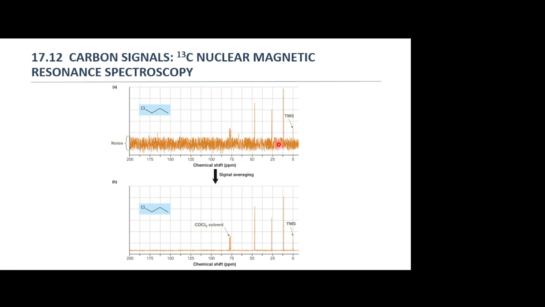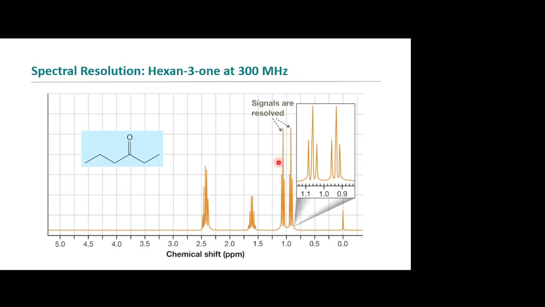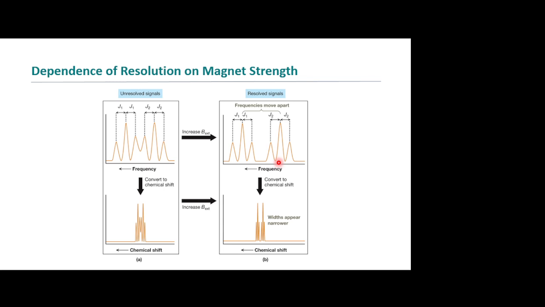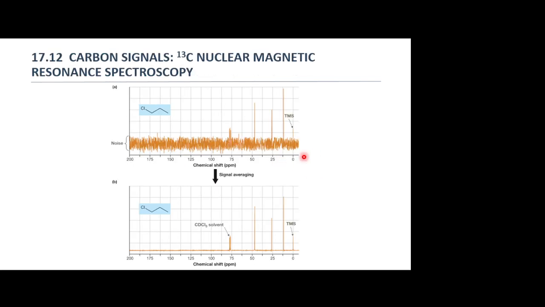And so what you're going to see here is that if you were to take this spectra and take an HNMR and have them as the same chemical shifts, what do you notice about this chemical shift right here? What's a really large chemical shift in hydrogen? Like a 10, right? And so in carbons, that's not a large chemical shift at all. That would be all the way over here, right?